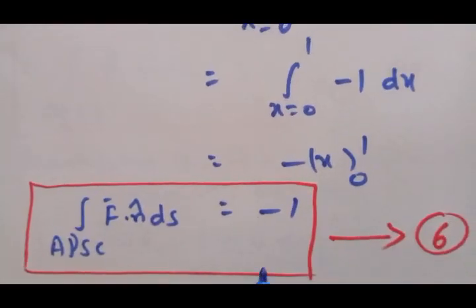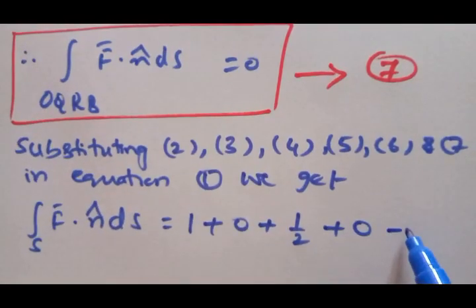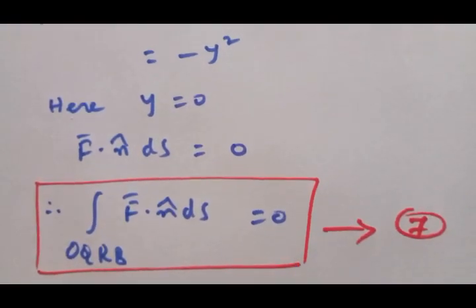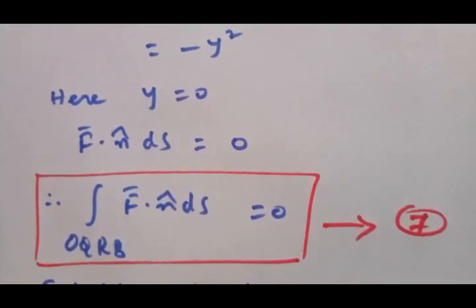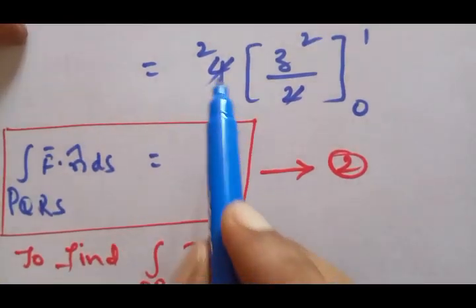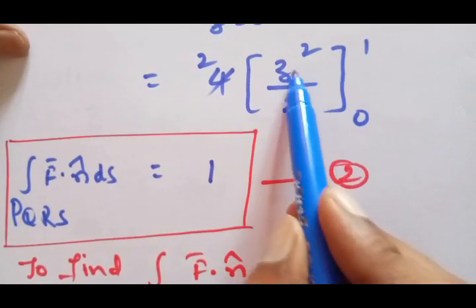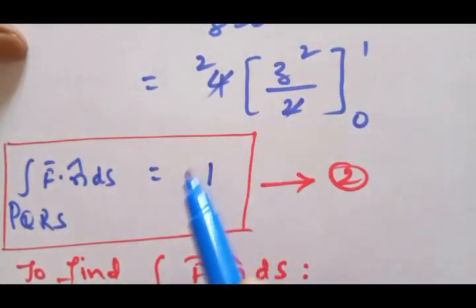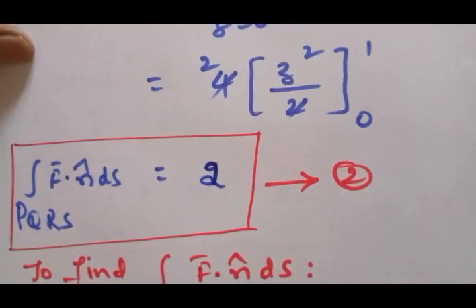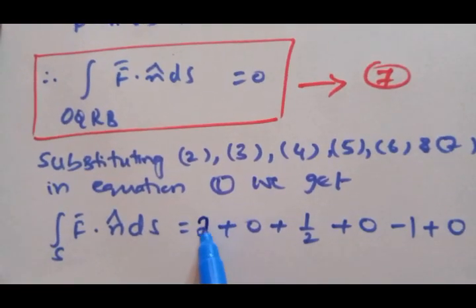In equation 6 the value is minus 1. In equation 7 the value is 0. Here in equation 1, 2 into 1 is 2.